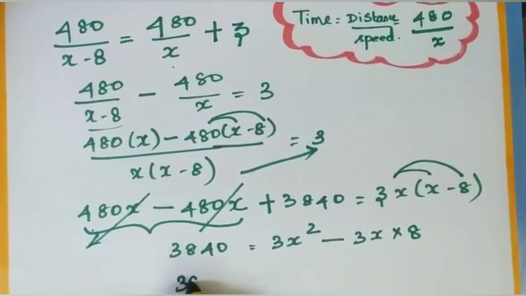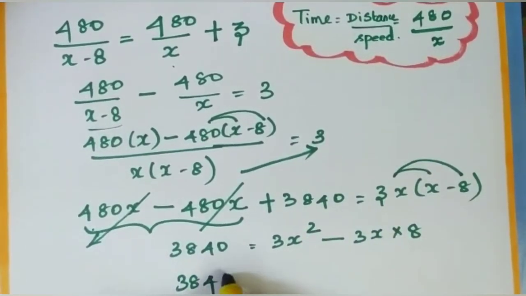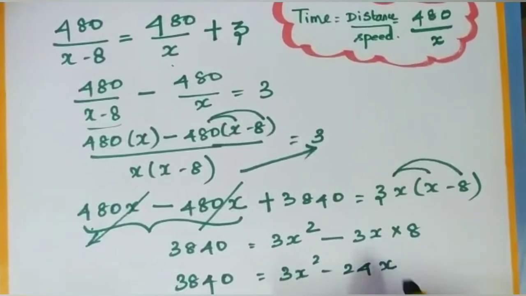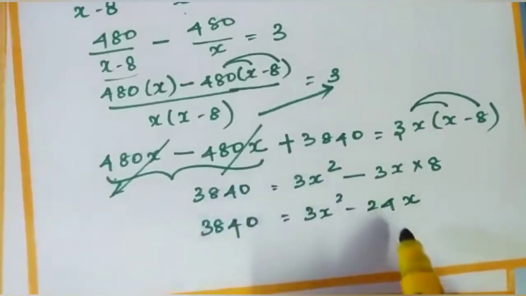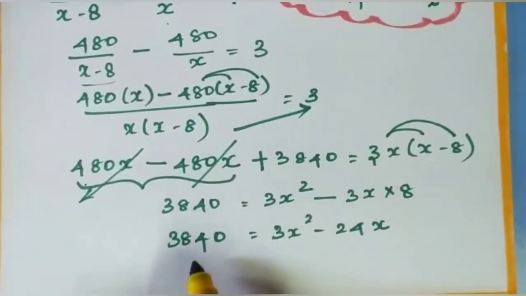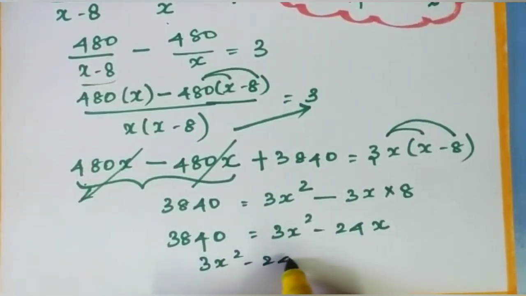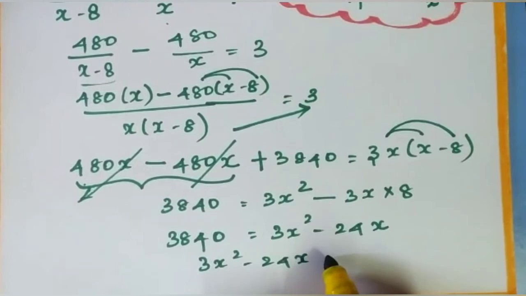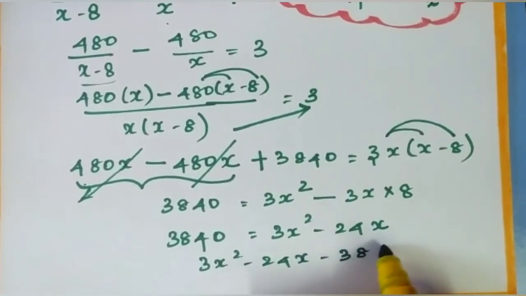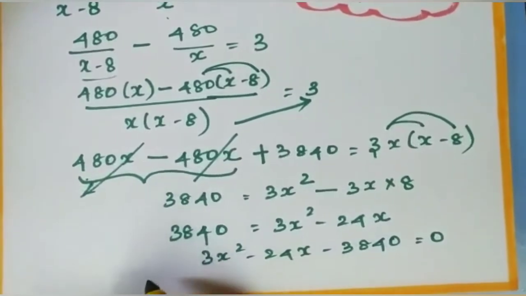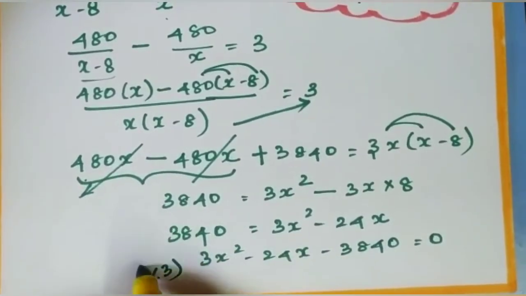Okay, so 3840 equals 3x square minus 8 3s are 24x. So we can shift this to that side now. So 3x square minus 24x minus 3840 is equal to 0. Everything we can divide by 3.